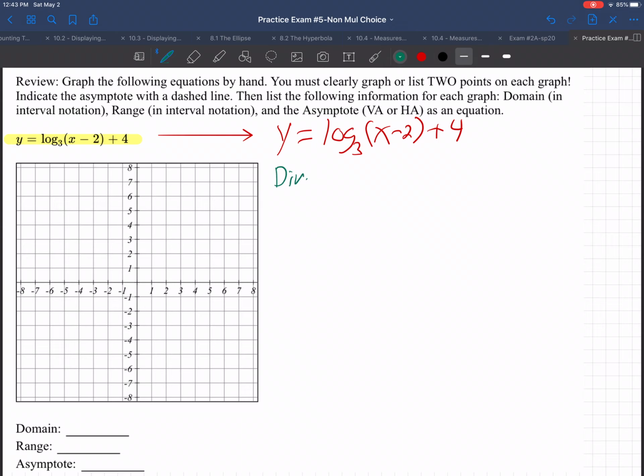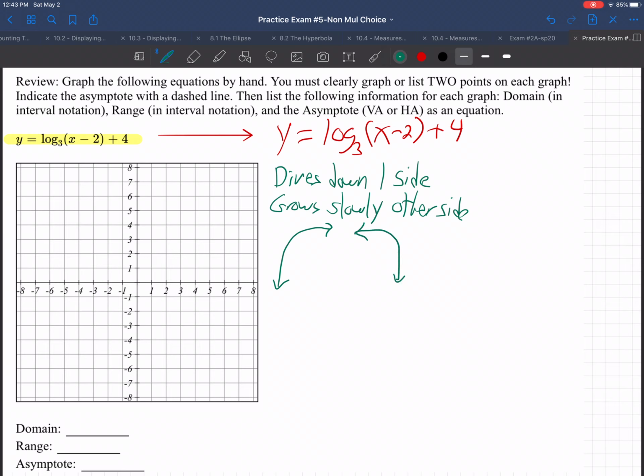It dives down on one side and then it grows slowly on the other side. So it takes a dive on one side and grows slowly on the other. Or it can go reverse.